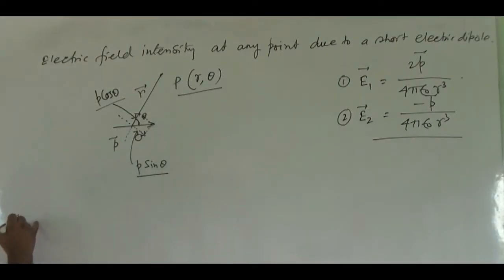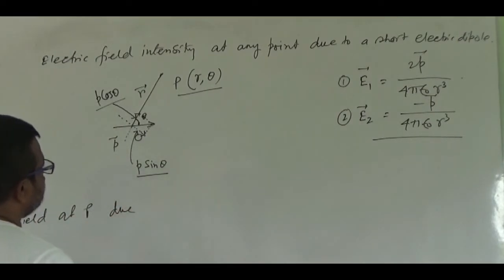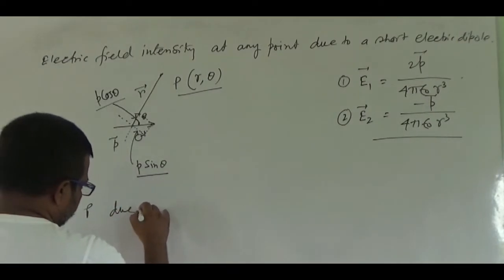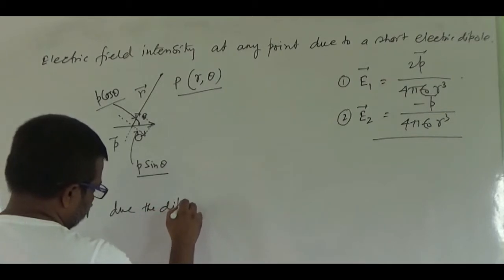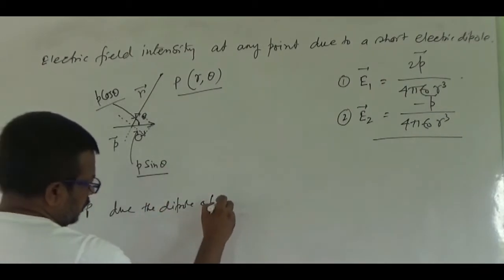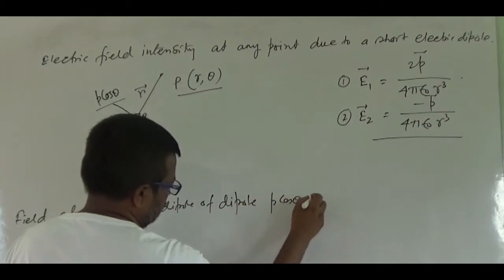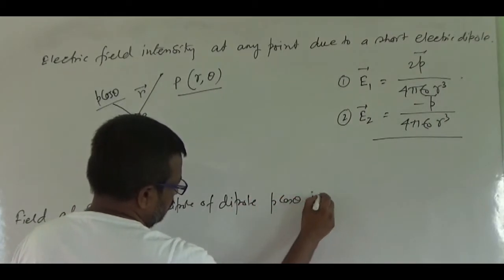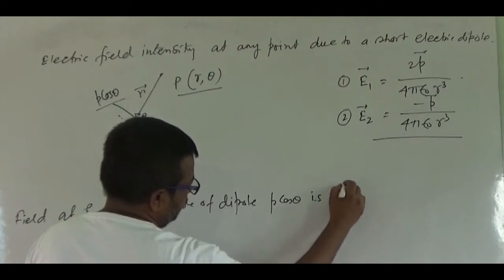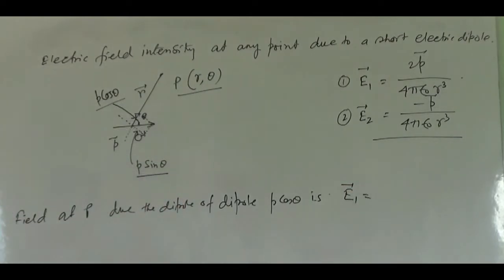Now the electric field at P due to the dipole of dipole moment p cos theta, say E1, what will E1 be?